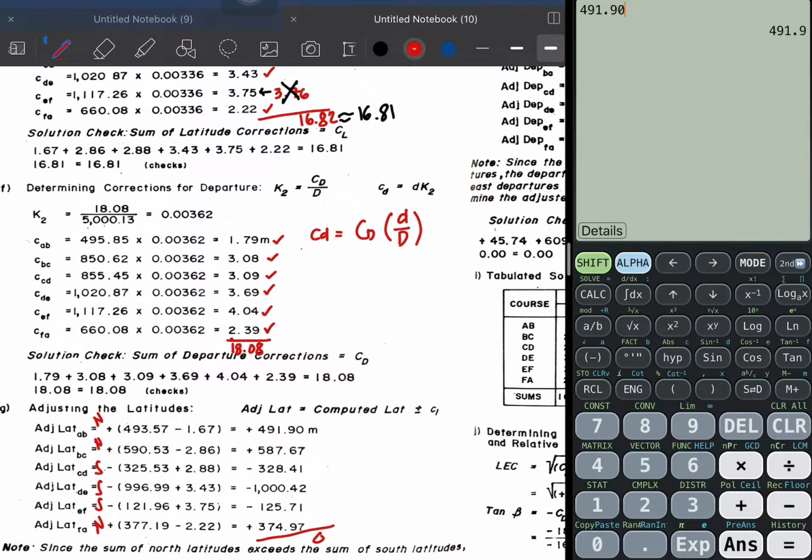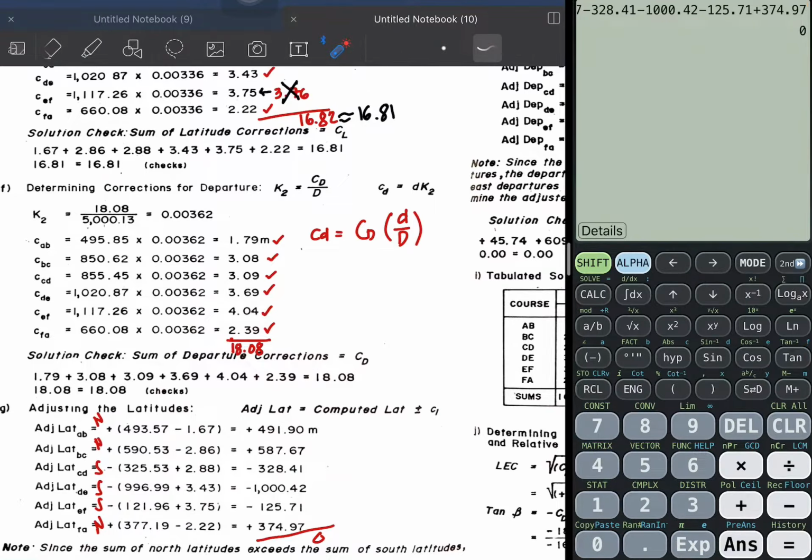Positive 491.90 plus 587.67 minus 328.41 minus 1000.42 minus 125.71 plus 374.97. So it should be equal to 0. If that is not equal to 0, so maybe your correction is wrong. Okay, it should be equal to 0.